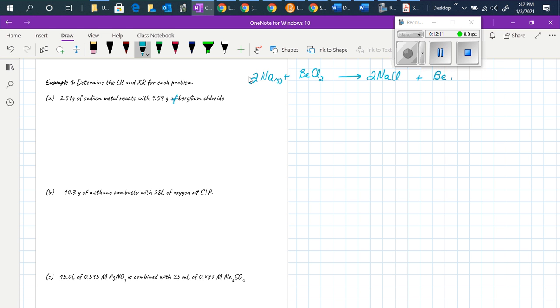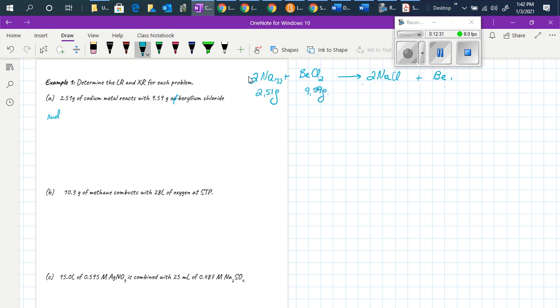So the information given here is sodium is 2.51 grams and beryllium chloride is 9.59 grams. Now, you can pick any of the products here with my method, okay? But let's do the first method first.